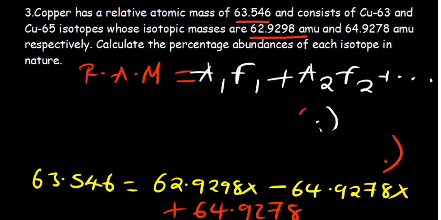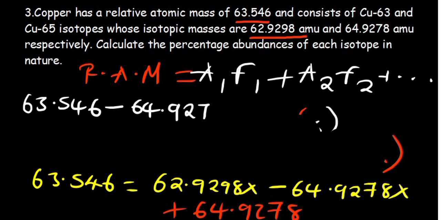Okay, let's continue. So what do we have now? So we have 63.546 subtract 64.9278. That's what we have on our left. Then on the right, we had like terms collected already there.